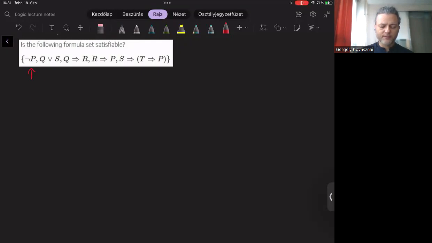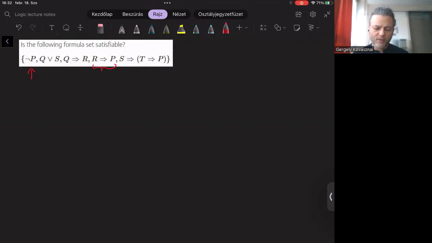And then we use this fact in the fourth formula. And this is the formula which I'm going to transform now. This is an implication, and I'm going to use a well-known logical law to transform this formula to another, more convenient form.